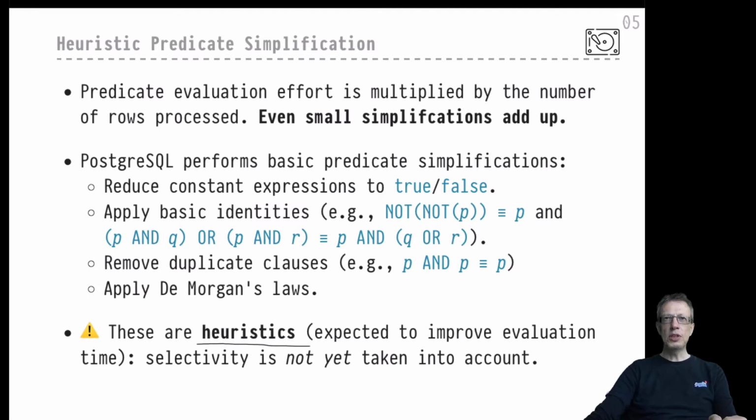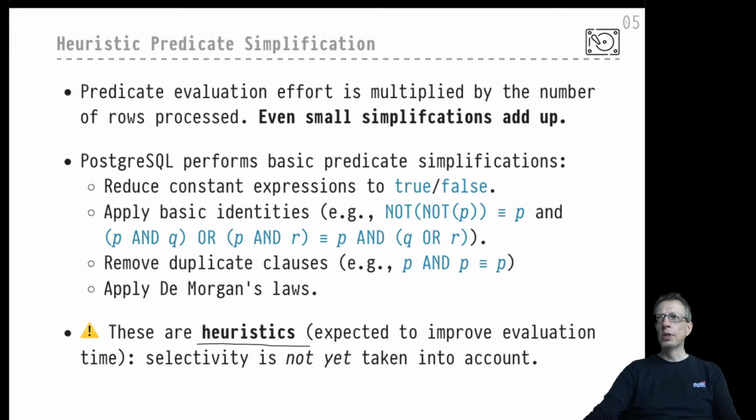So selectivity is an entirely different story. We have seen the notion of selectivity in the last video already. It will pop up again when we consider the evaluation of queries using indexes. So what we are talking about here is heuristics, so simplifying rewrites that will probably yield a gain.